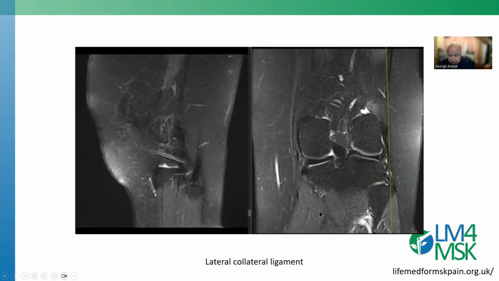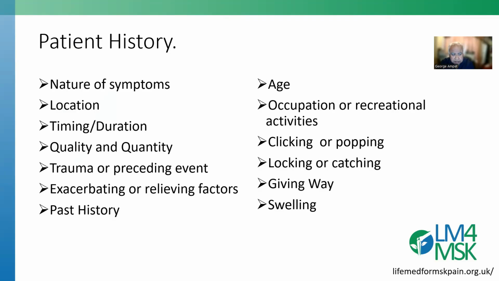So those are different cuts of the knee, and by looking at it, we can understand this is a normal knee, which shows where the anatomy is, what part is damaged. When you talk of the history, I'm not going to go through all this. You all know this. But as we looked at locking or catching, that's when there are loose fragments, or even a loose body inside the knee, you can get a locking sensation.